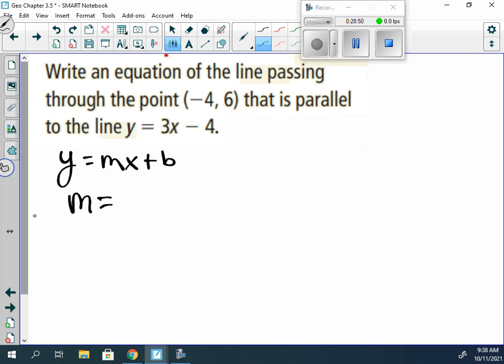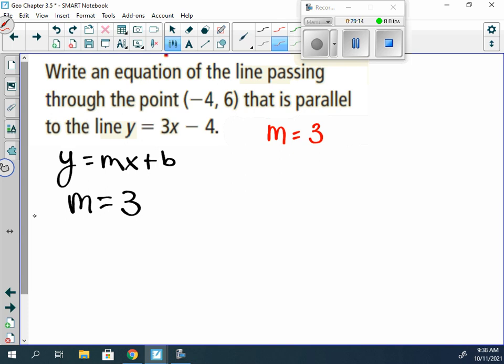Well, not 3x, it would just be 3, because 3 is in the place where m is, where the slope should be, and that would be our slope. So our new slope for the line is going to be 3. Since they're parallel, the slopes have to be the exact same.